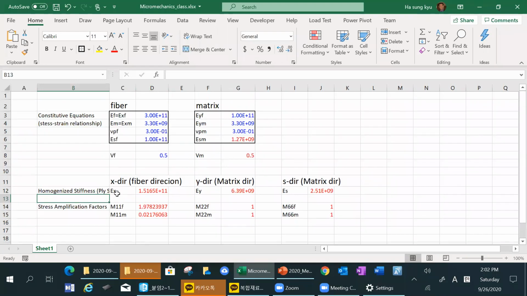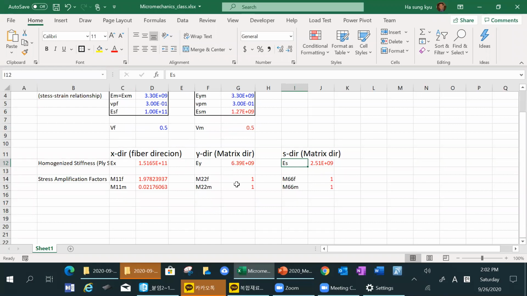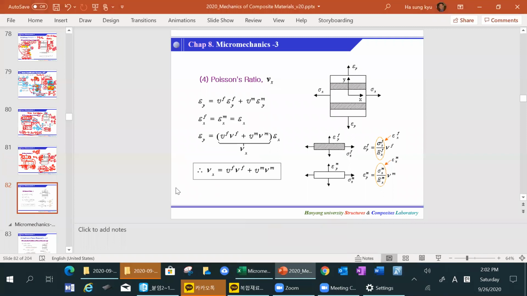And we will need other terms for Poisson's ratio or coefficient of thermal expansion and so on. So we will keep adding those terms, along with the derivation of the theory. Let's continue to do that.